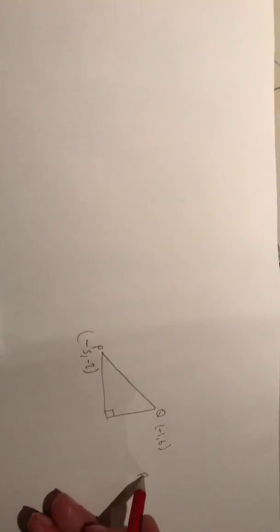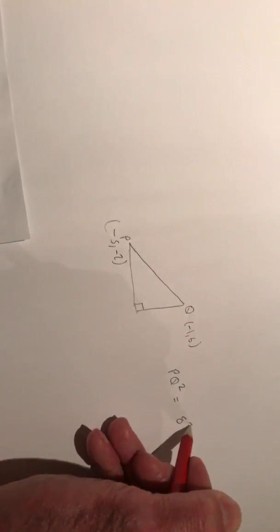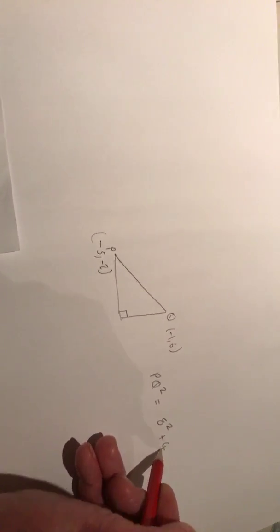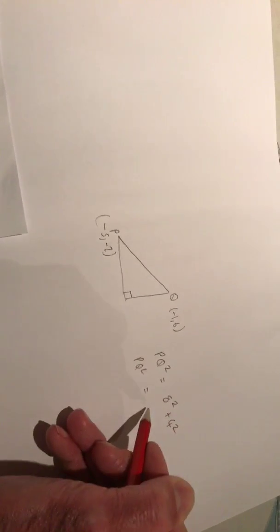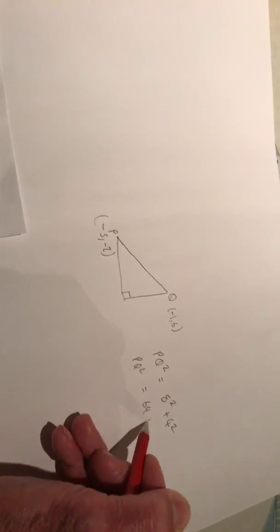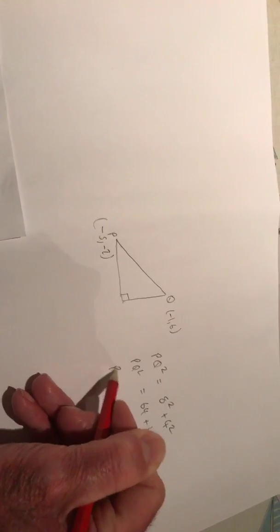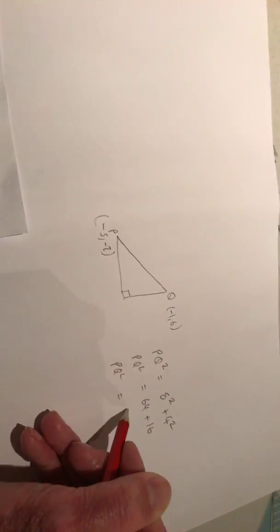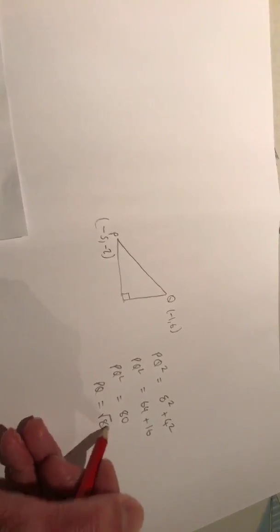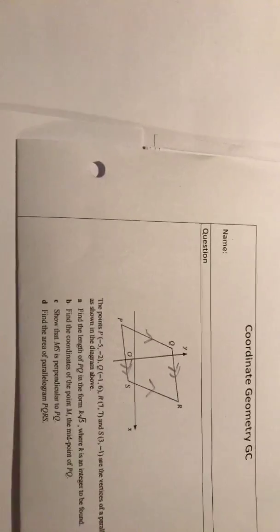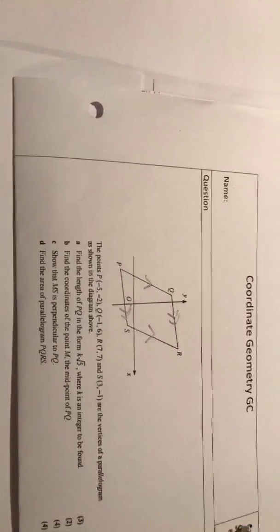So we know that PQ squared is equal to 8 squared plus 4 squared. So PQ squared is therefore 64 plus 16, so PQ squared is equal to 80, so PQ is the root of 80. Now if you look back at the question, it asks you to write it in the form k root 5, where k is an integer.